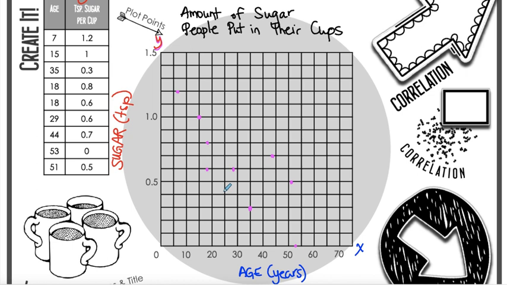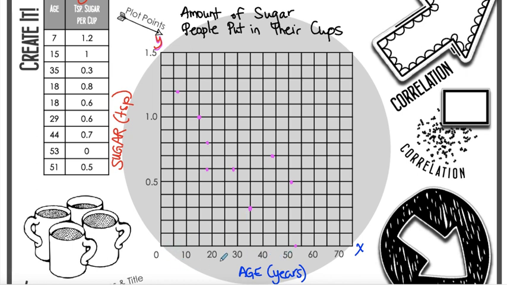Okay. I can see from the pattern of the dots that as someone gets older, so as they increase in age, it looks like they are going to decrease the amount of sugar that they put in their cup. So that's interesting for me to note. Okay, so that's the relationship between those two variables.